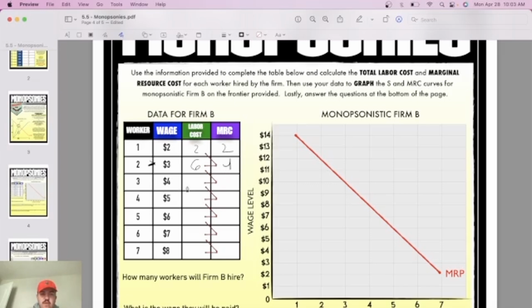Okay, 3 times 4 is 12. The difference between those is 6. 20. 8. 30. 10. Right?